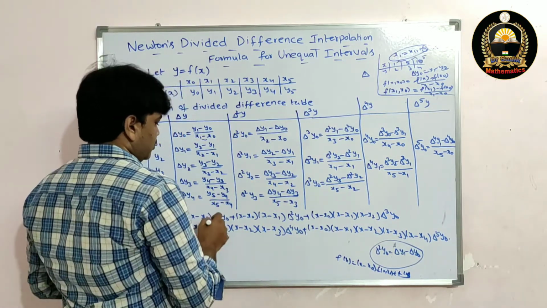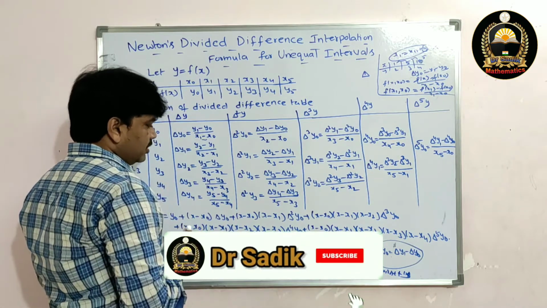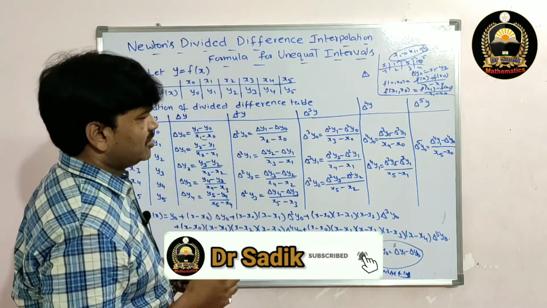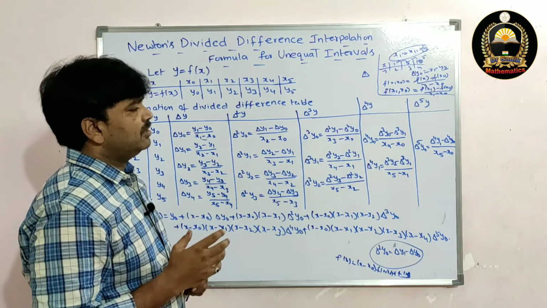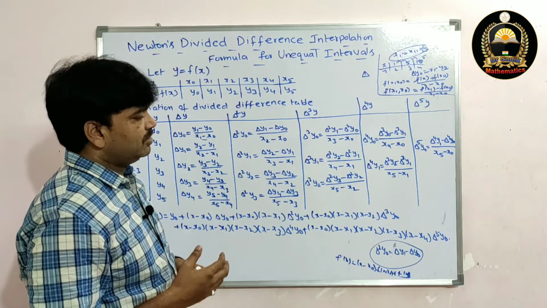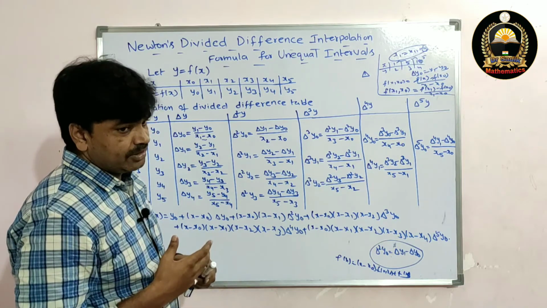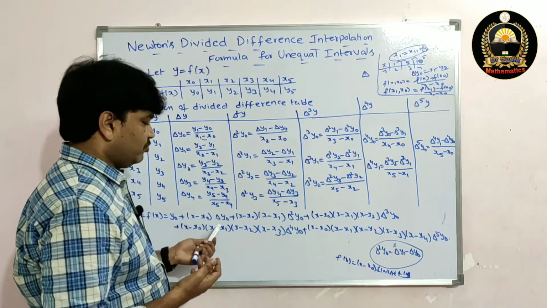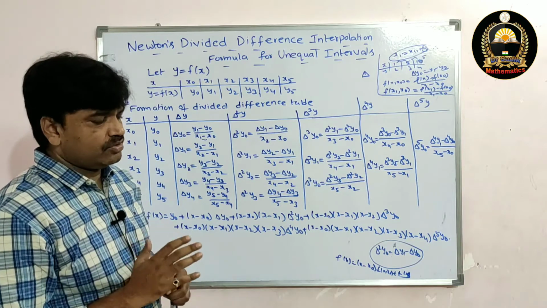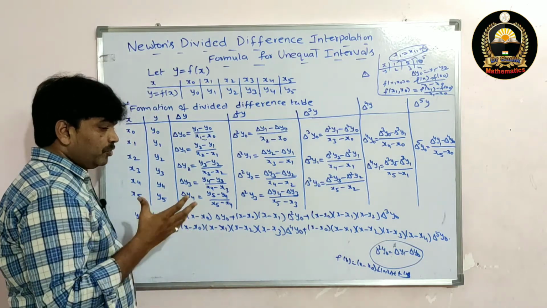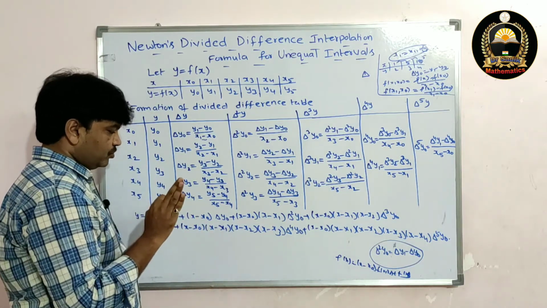First order, so I write here del y naught. Similarly for the rest of the terms, he takes f of x comma x naught comma x1, x2, x3, and then he defines it like this, students. The proof is not necessary, it is enough to know the formula. How easily we understand is very, very important, students.